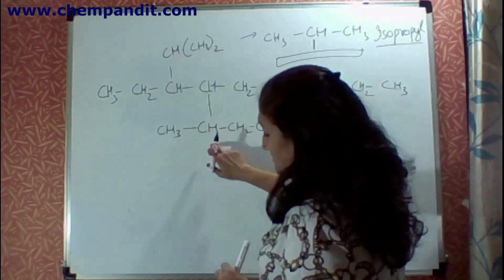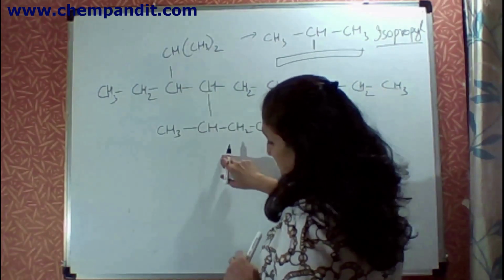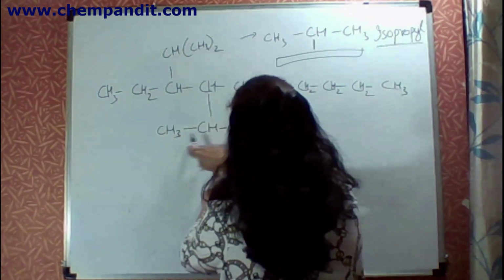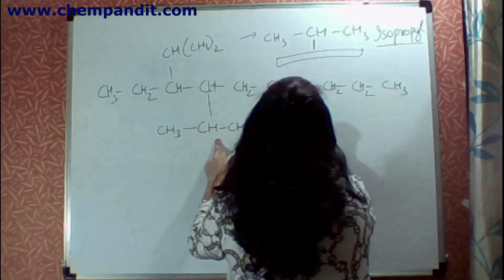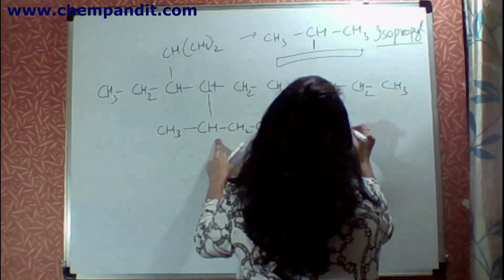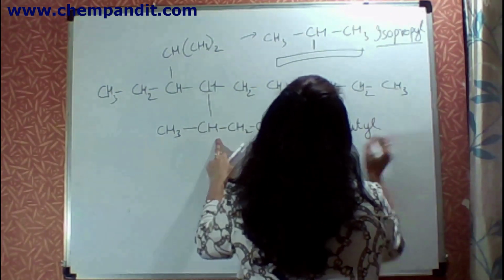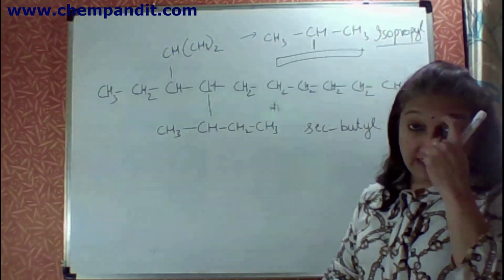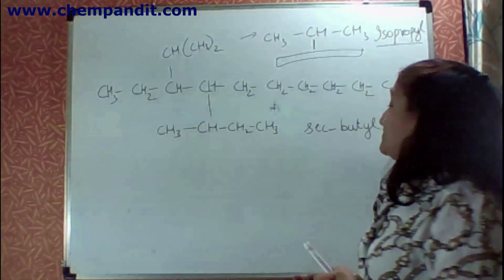Now let's take this substituent. This substituent is attached from this position with 4 carbon atoms. This is basically sec-butyl. This is not normal butyl. This is sec-butyl, secondary butyl, attached to the main chain through the second carbon atom.